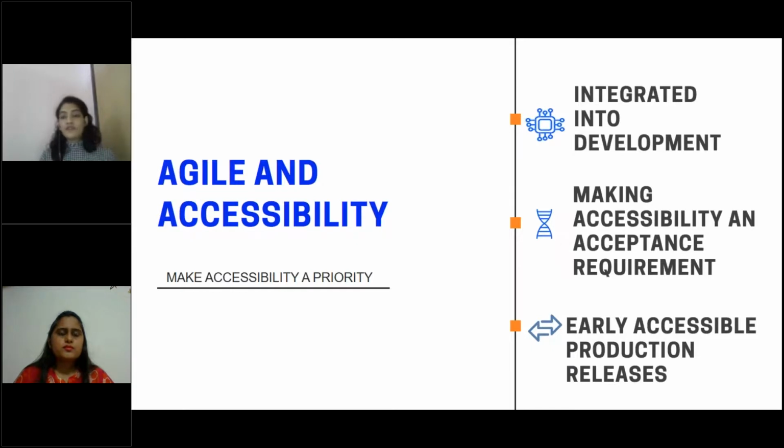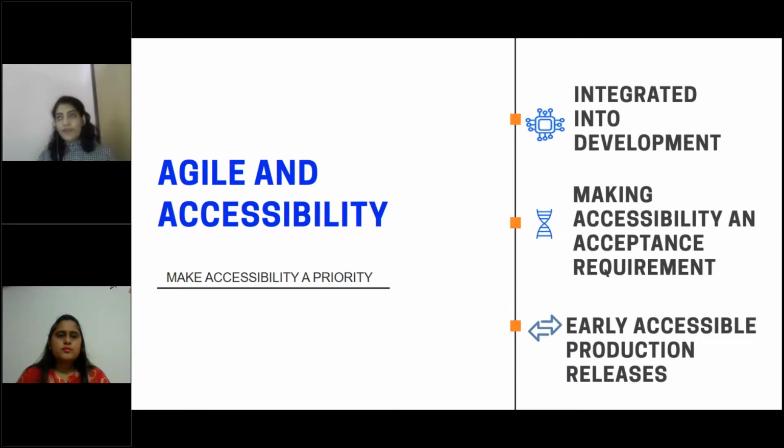Then we're ensured that from the very beginning, maybe from the MVP itself, the application has been made accessible. So we're assured of having an end product in the later releases also, which would be accessible and would comply with the level of compliance that we want to reach. So this is accessibility with the agile framework.